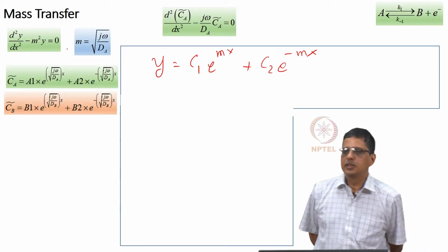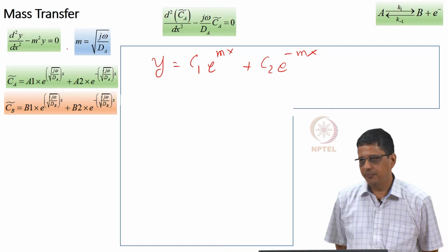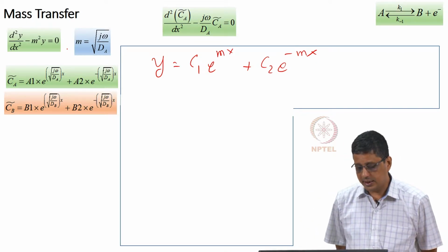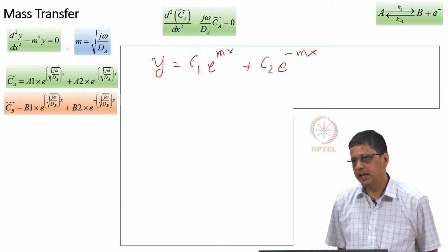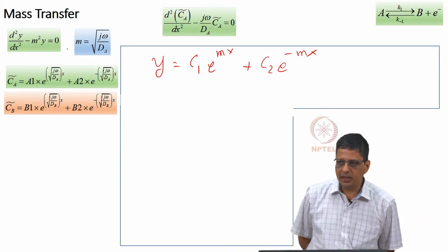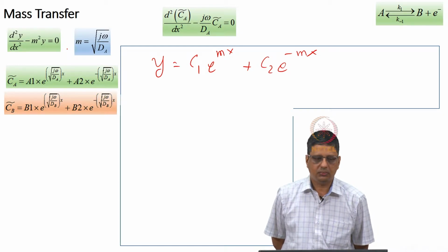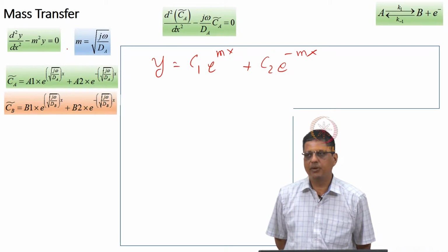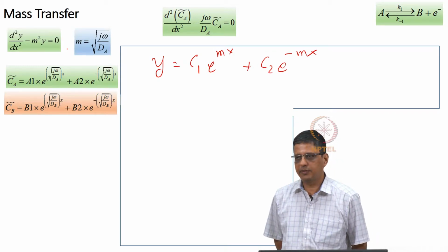Since we use C for concentration, we are going to use A1 and A2 as the integration constants for the oscillations in species A. For oscillations in species B, we are going to write B1 and B2, and we are going to write it as e power mx, e power minus mx, because plus or minus m are the roots of this equation.